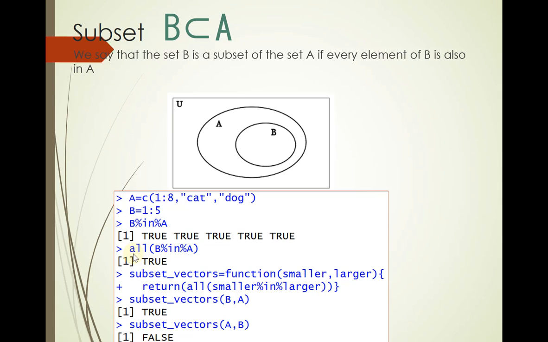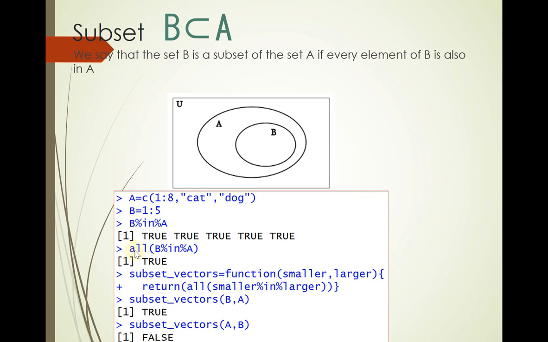There's another function called any, which will test if any of them are true, then it will return true. But this is all, and it tests whether all of them are true, and if so, it reports back true. Remember that what goes in the all function is a Boolean vector. Same thing with any.